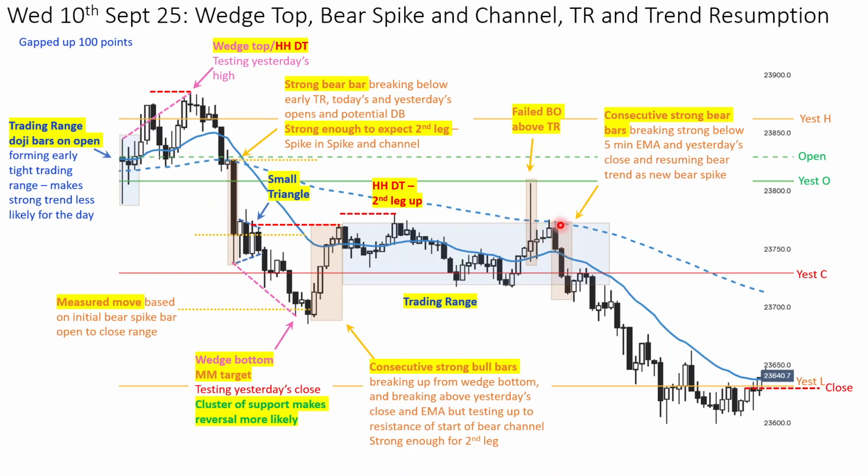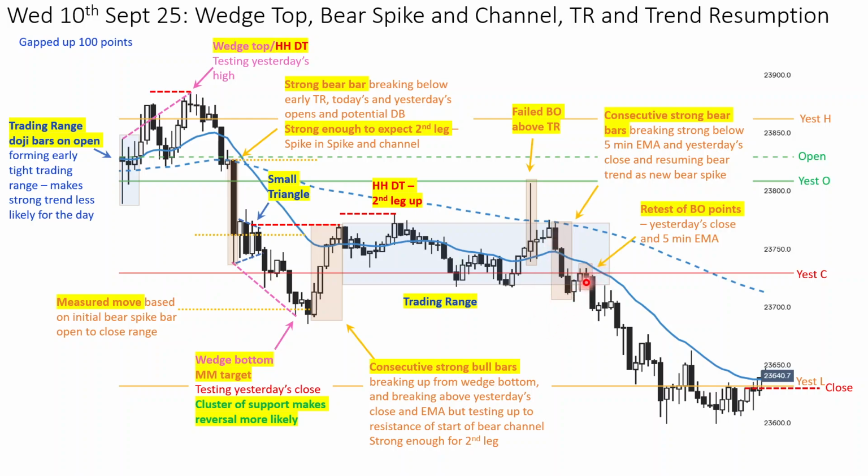And eventually it came a few bars later with a series of strong bear bars breaking below the 5-minute EMA, again with follow through and breaking below yesterday's close. This became a new bear spike, resuming the earlier bear trend.